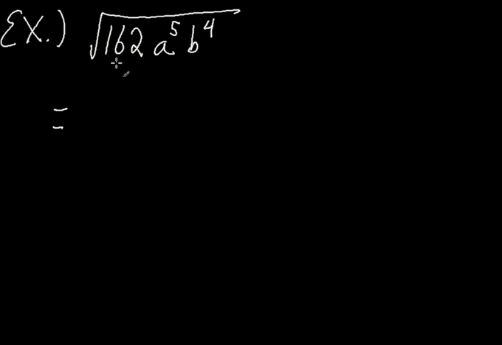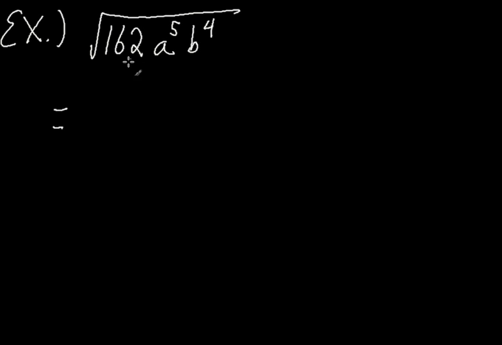Is 162 divisible by 3? Yes, it is. Is it divisible by 2? Yes, it is. So it's divisible by 6. But 6 isn't a perfect square, so that doesn't help. Is it divisible by 5? No. Is it divisible by 9? Yes. Okay, so it's divisible by 9.